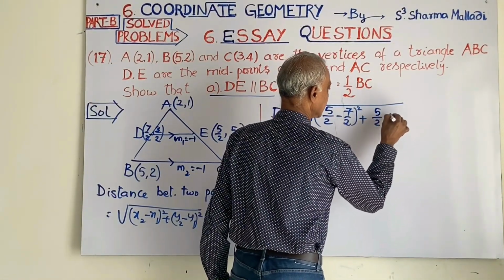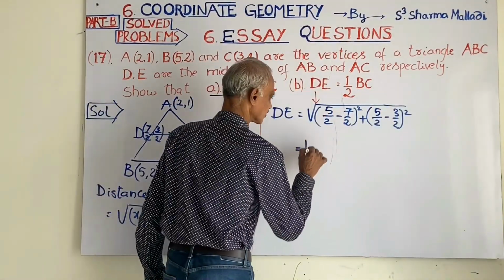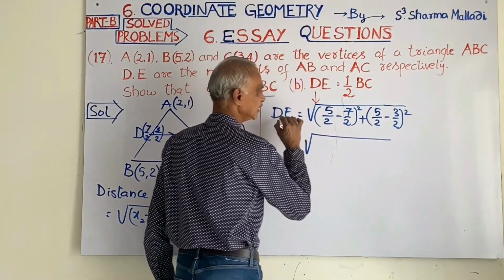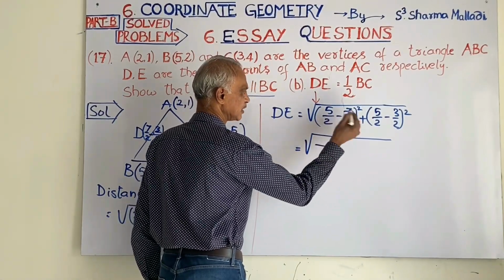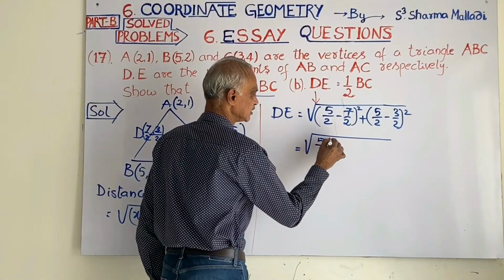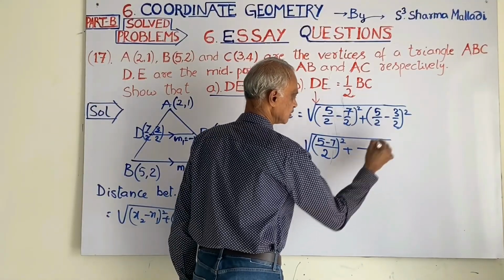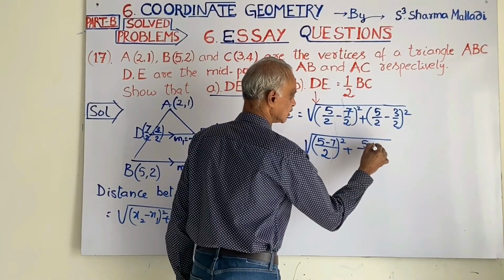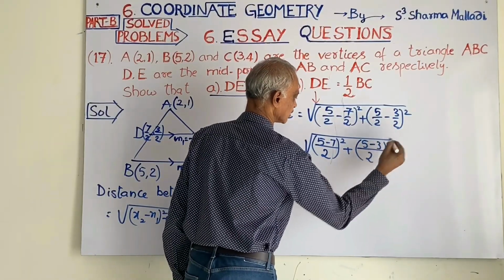You take LCM, you will get 5 minus 7 whole square plus, taking LCM 2 in the numerator, you will get 5 minus 3 whole square.